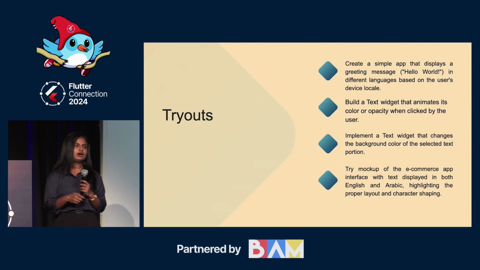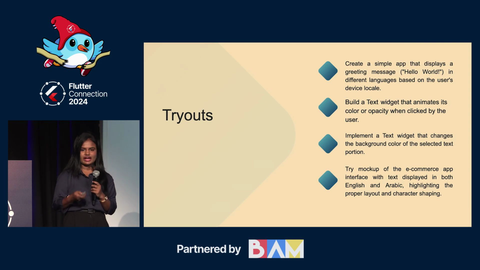I will suggest some tryouts you can give a try, or you can directly go to the repo I have shared. There you will find the code for the tryouts and the slides I have shown. These tryouts let you experiment with different challenges from your text widgets.